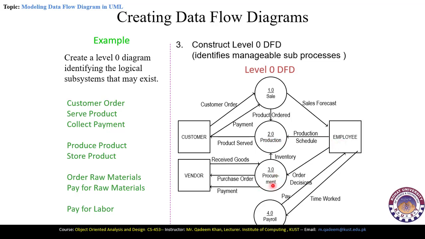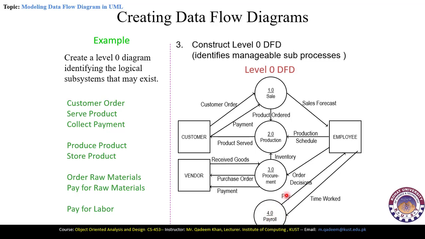And also we have procurements here. The procurements, which is inventory, will be connected with the vendors only, and also this will serve the employees. So the employee will use the procurements for order decisions. Also we have payroll.